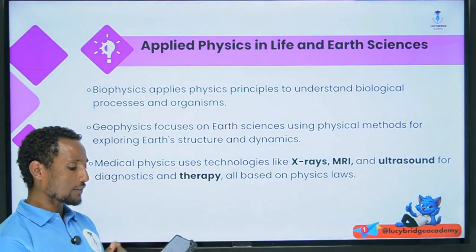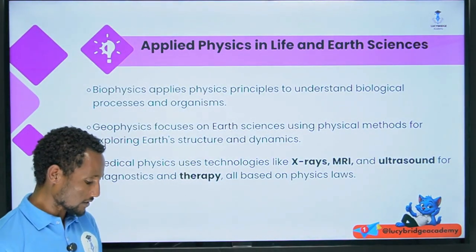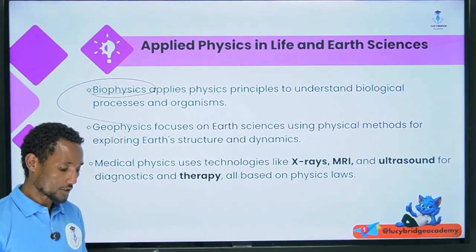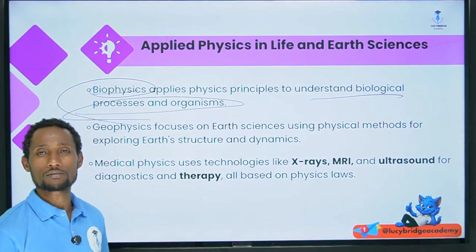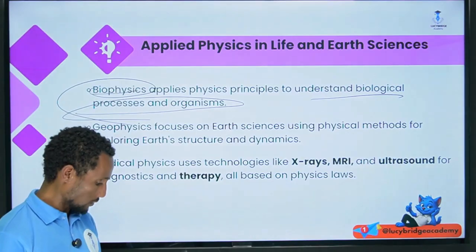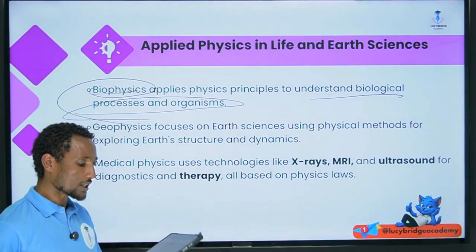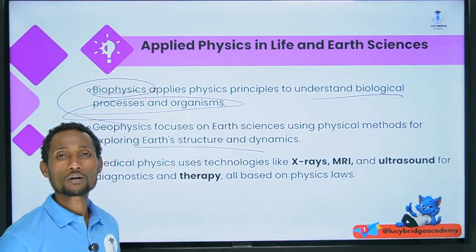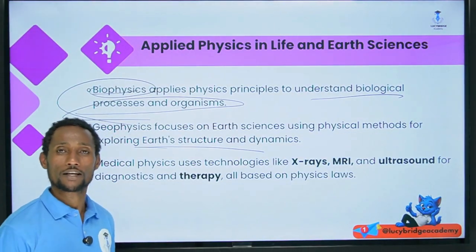Whereas applying physics in our life, having the earth science, like biophysics, which applies the principles to understand biological processes and organisms. And geophysics, which focuses on earth science, using physics methods to explore the structure of the earth and its dynamics, the force effect.